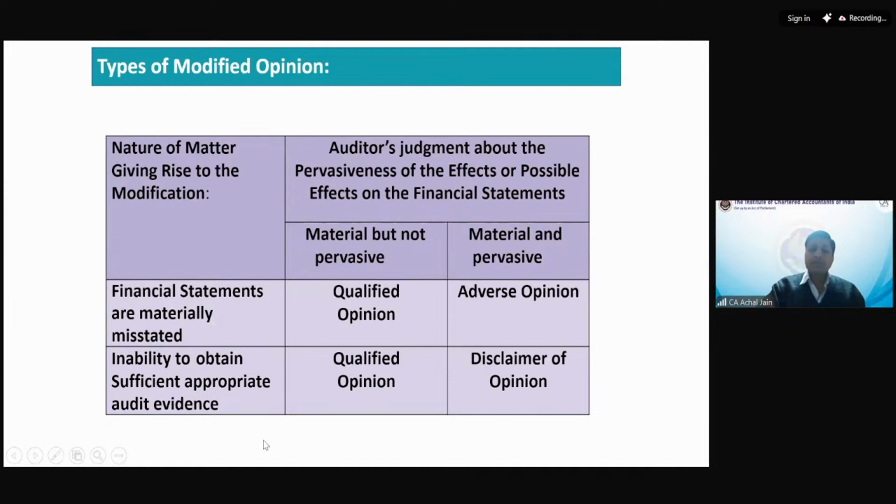So inability to obtain sufficient appropriate audit evidence cannot lead to adverse opinion. Yes or no? At times, this is something you may require to evaluate, depending on the information in the question. That's why it is very, very important for you to consider.